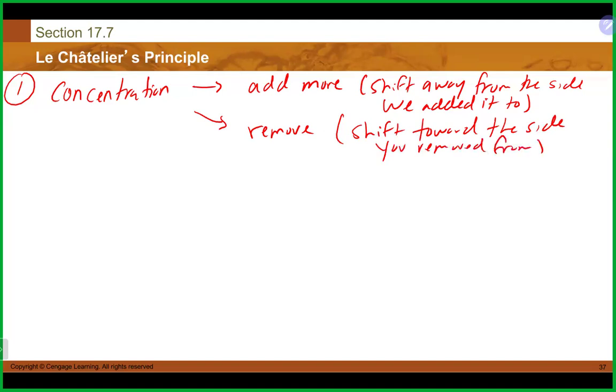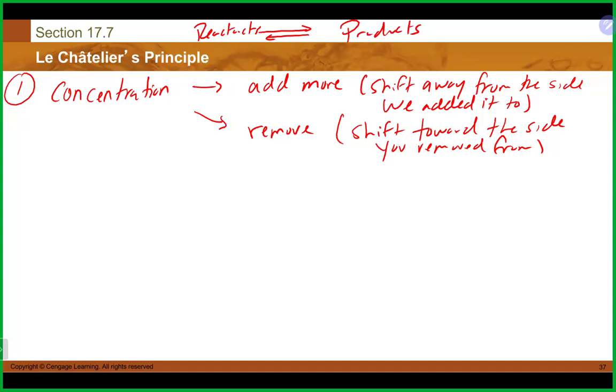So when we talk about shifting to the left, to the right, removing and adding, we are talking about the reaction as it's written, where we have reactants and products.